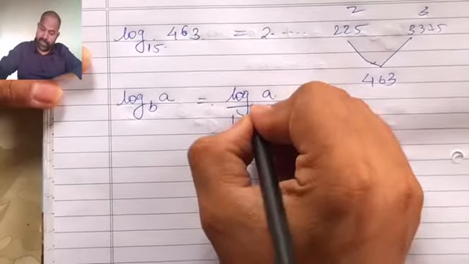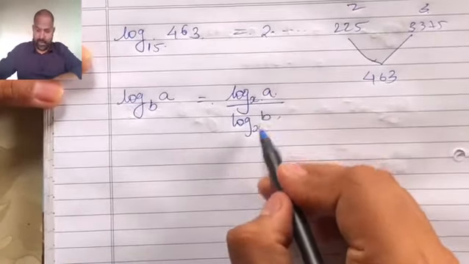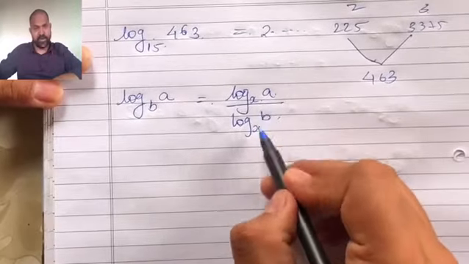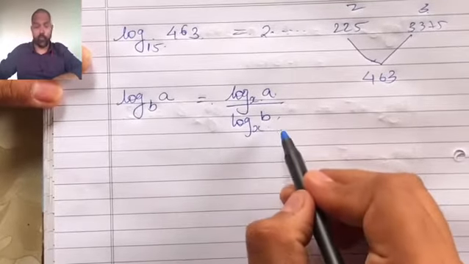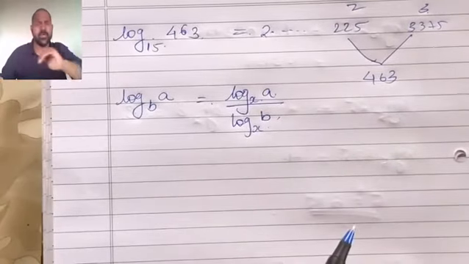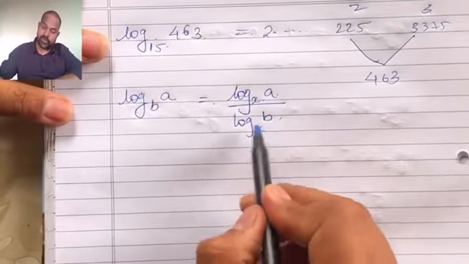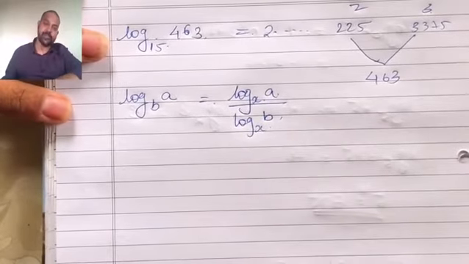So if you write x here, you have to write x here. It can be 10, 6, 8, 5, 2, 4.5, 3.1486. Anything you want. Just make sure whatever is written in the numerator, the same base is written in the denominator.